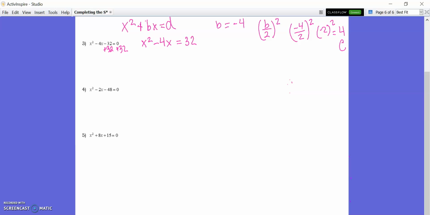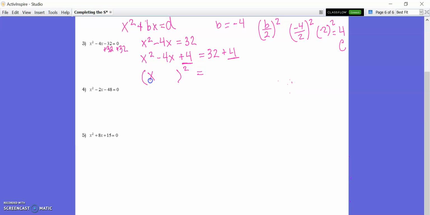That's my c. I then go ahead and insert it on both sides of my equation. Plus 4 goes there, and then also on the right side. Next step is to simplify. So I'm going to write this as a binomial to the second power.